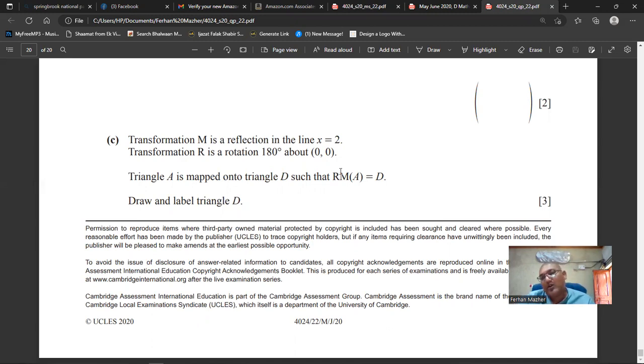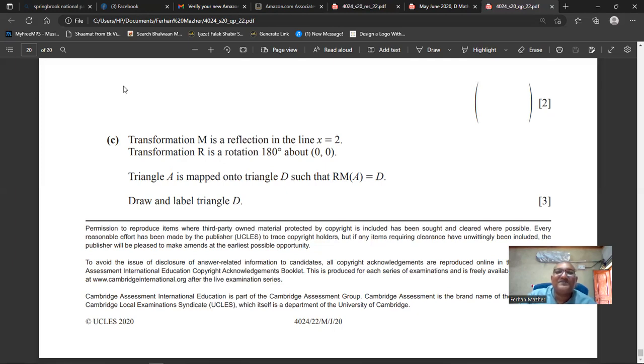You do M on it, and whatever image you get, on that image you apply R. So M will be done first. What is M? M is the reflection in the line x equals to 2. And what is R? That is rotation of 180 degrees about 0, 0.